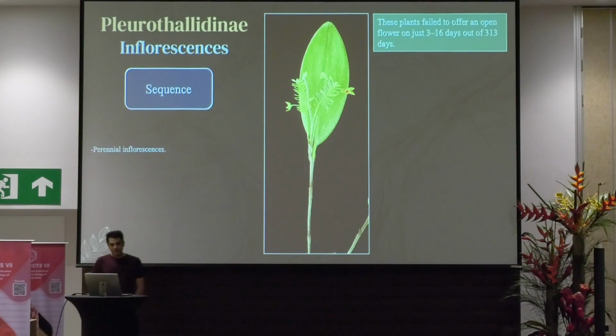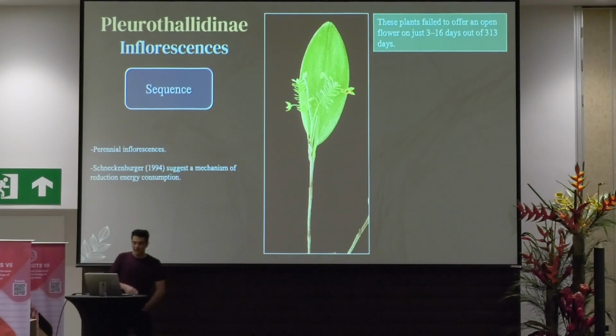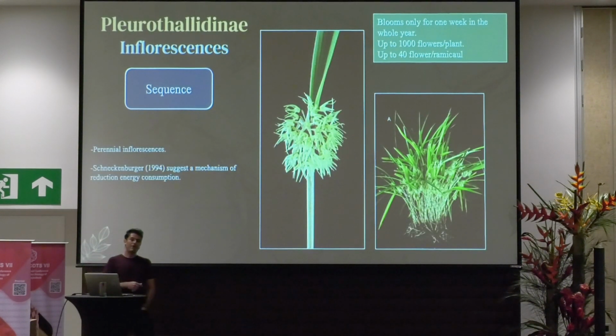On the other hand, we have this example of a Myoxanthus. This species of Myoxanthus blooms only for 1 week in the whole year, but the plant can produce up to 1,000 flowers in total. It's a lot of flowers, and each inflorescence can produce up to 40 flowers per ramicaul.